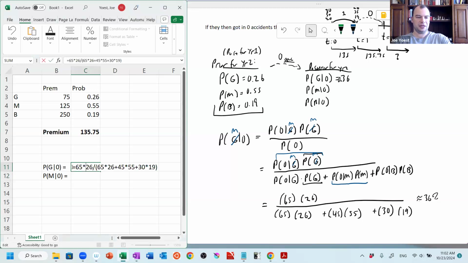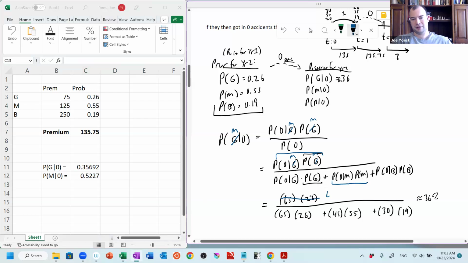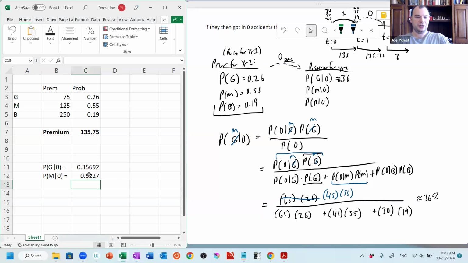And I'm going to be lazy and just copy this. And instead of using this for the numerator, I want to use my 45 times 55, my moderate numbers, in the numerator instead. So I have 45 times 55 in the numerator when I'm computing probability of moderate given 0 accidents in the second year. And that gives me about 52%.